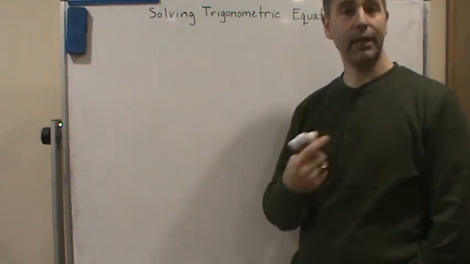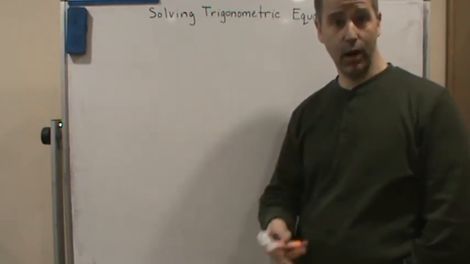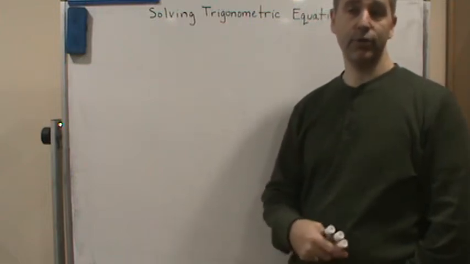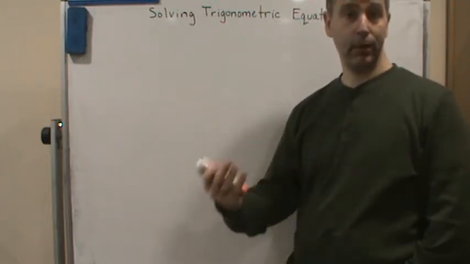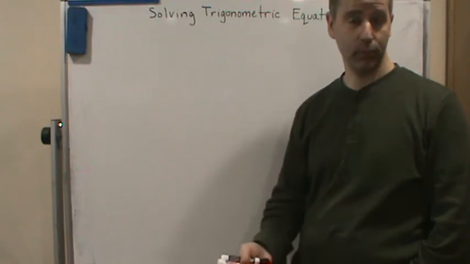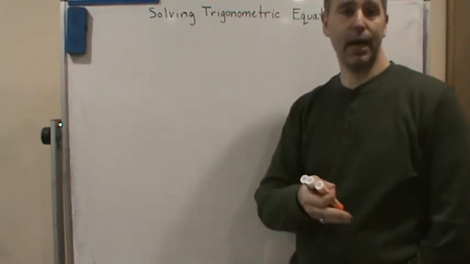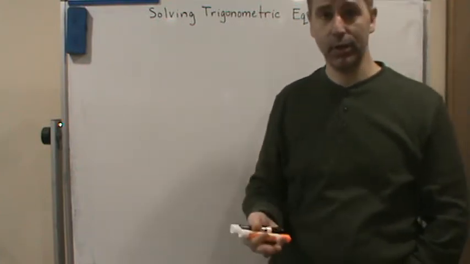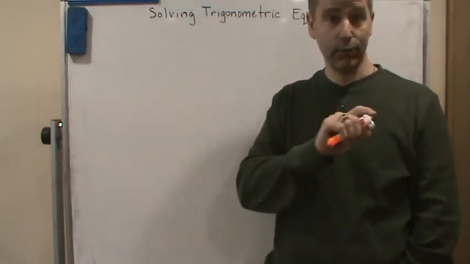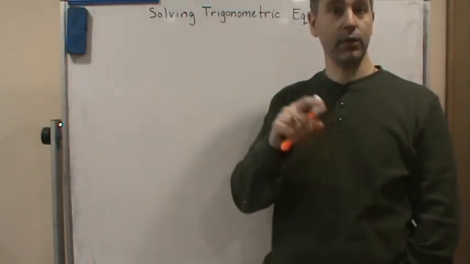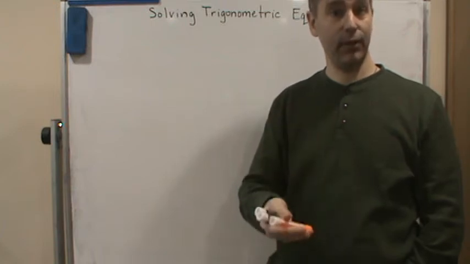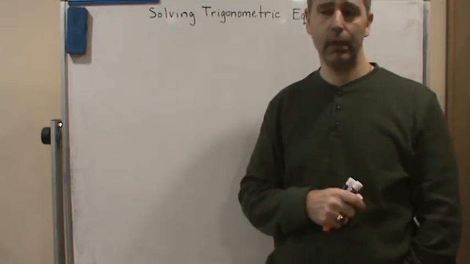So we have to keep in mind that trigonometric functions are periodic functions, and so they have a period, and every period the values repeat. Okay? And so there's going to be times where we're going to want to list that out. We're going to have to know how to list out the form of the solution set, because it is an infinite solution set.